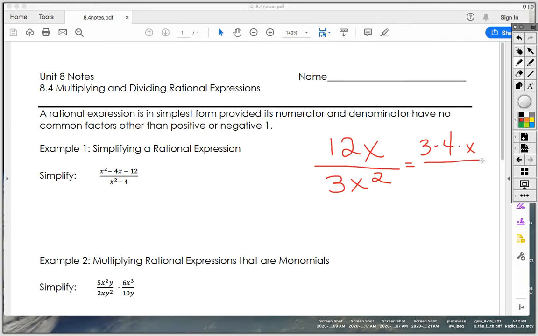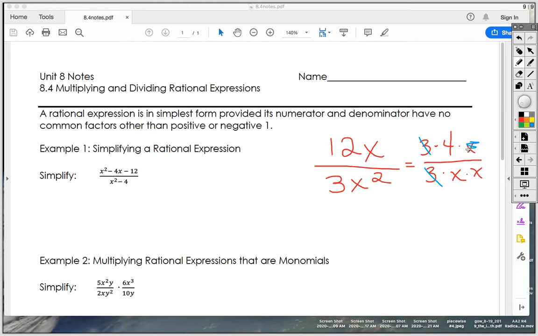What I've done is break it down into its factors. The denominator is then 3, and how many x's am I going to have there? I'm going to have 2 of them. And again, I'm breaking this down into its factors. And then I do what I like to call cross-canceling. Some people call it simplifying, but we have both a 3 at the top and the bottom. They cancel each other out.